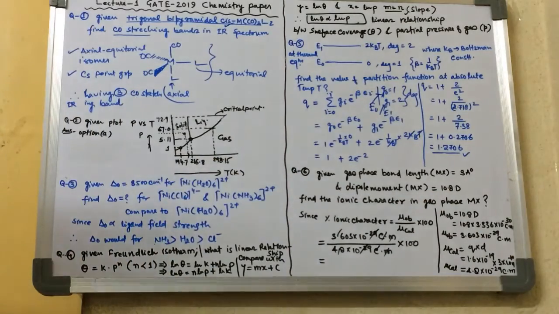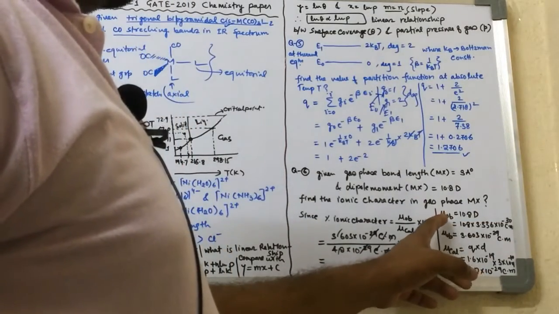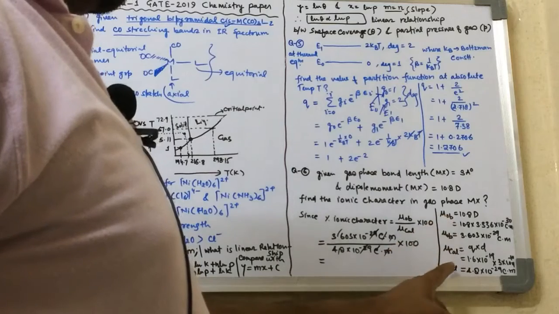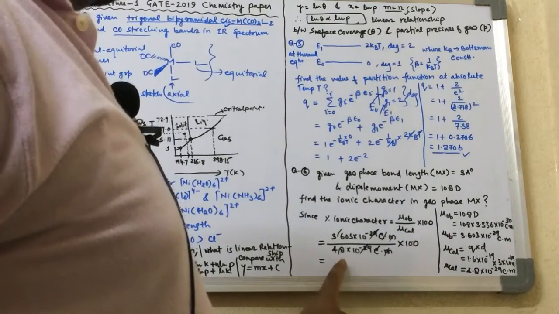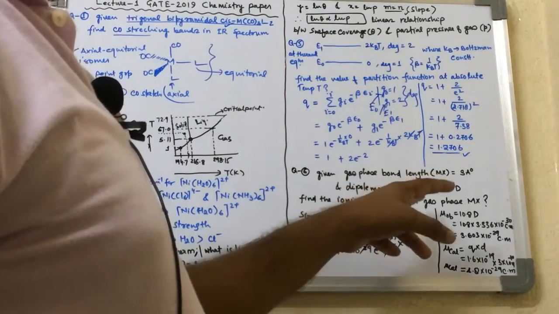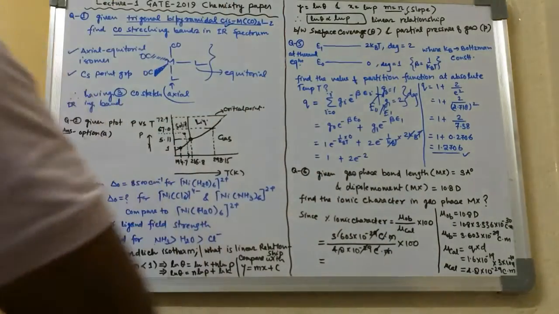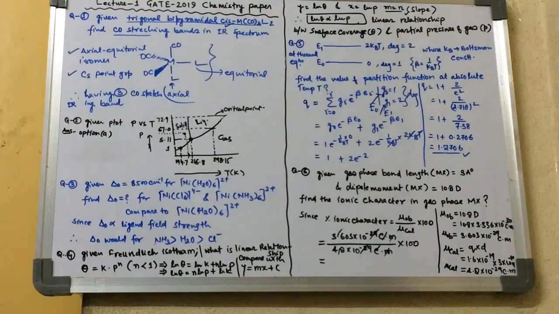Then, with the observed and calculated values, you will get the percentage of ionic character in the gas phase of the MX compound. The question is conceptual, but a little bit easy.